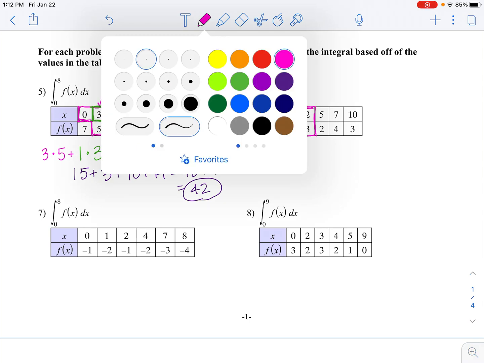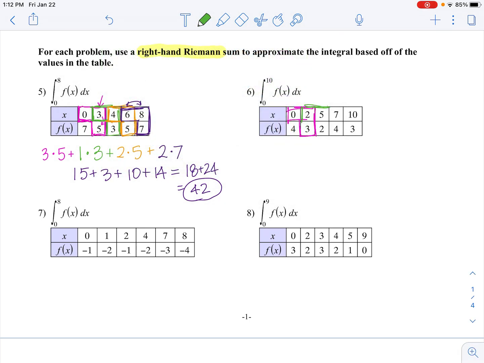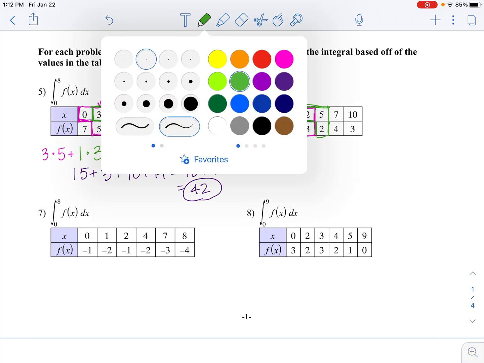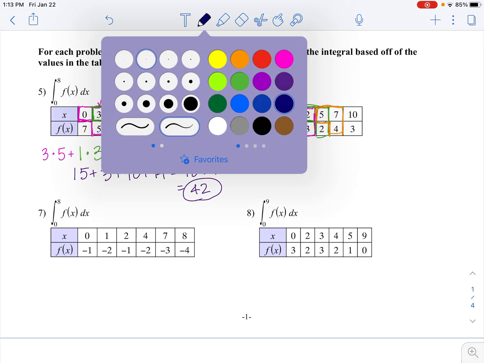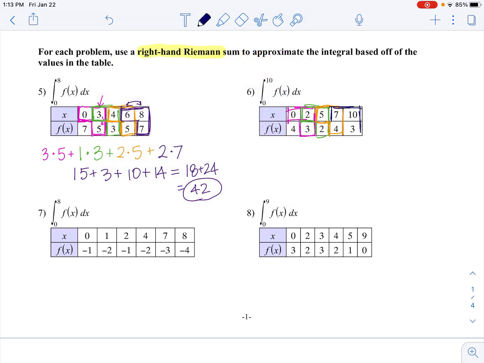0 to 2 using 3. And again, maybe this format where you do all of this colorful work is helpful for you first. And then you do the actual calculations last, because this really helps you to set up the intervals that you're using, and then the heights that make sense with each one. So for my pink interval, it's 2 units wide with 3 units tall.